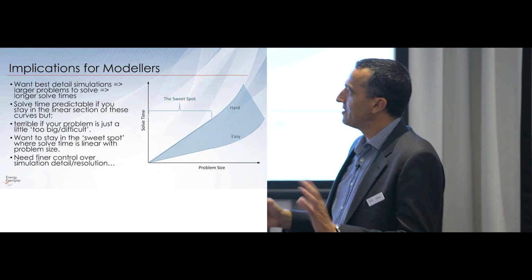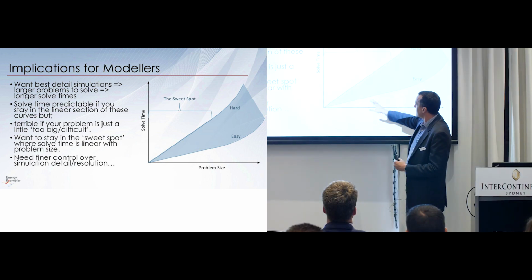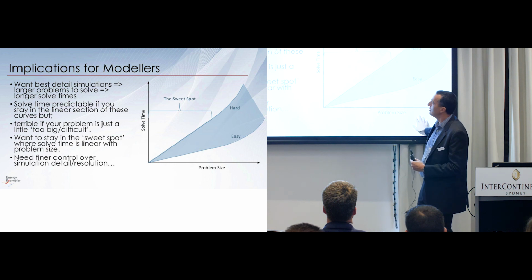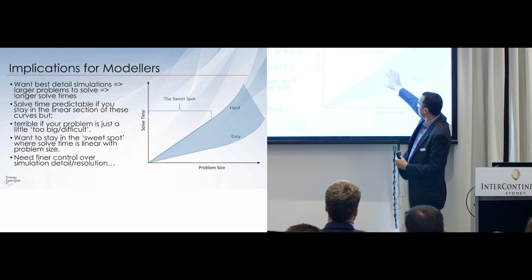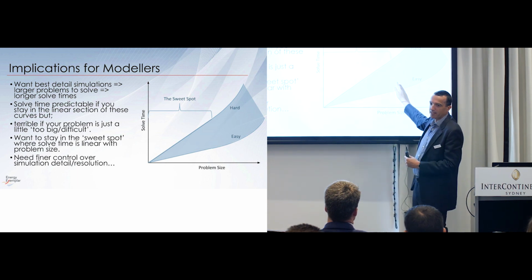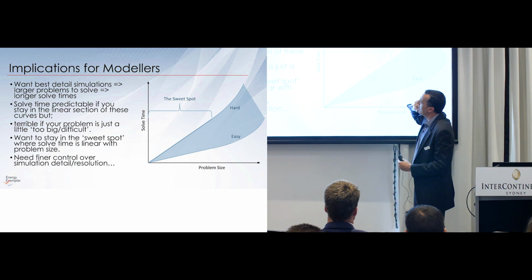So in summary, when we look at LP and MIP, there's a clear sweet spot. Problem size this way and solution time, and there's a range depending on where your problem is, where this relationship is roughly linear before it gets into the ether there. And you want to avoid tipping into this area.